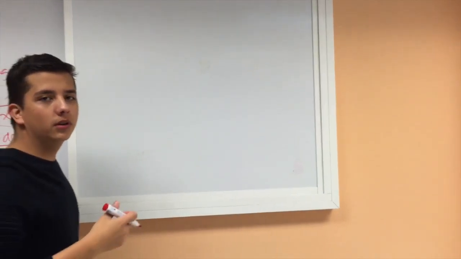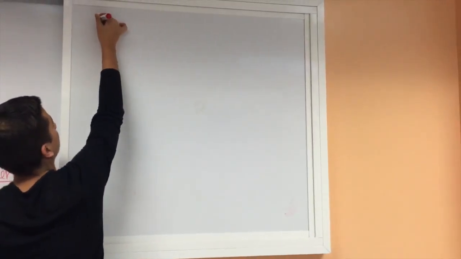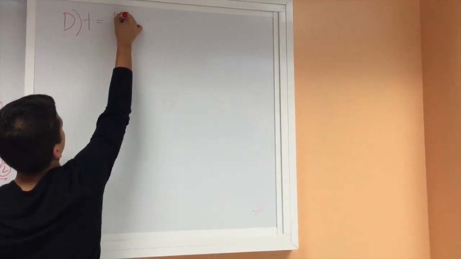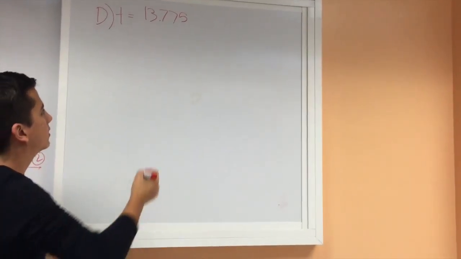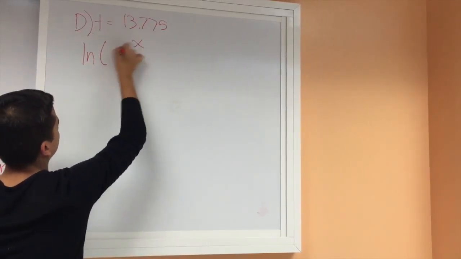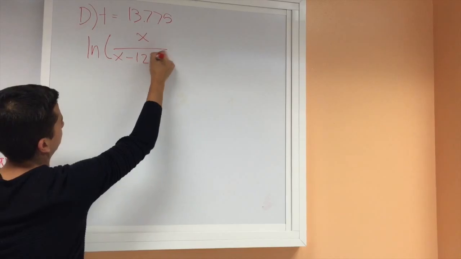Now we are gonna do problem number D, which is the derivative equation. We have this information that time equals 13.775, and this is the same equation, which is ln of x over x minus 1,250.